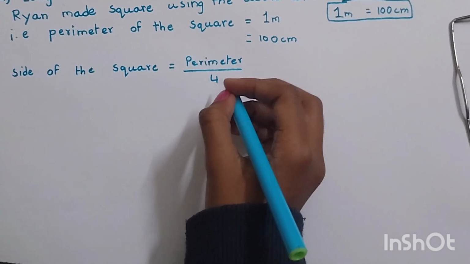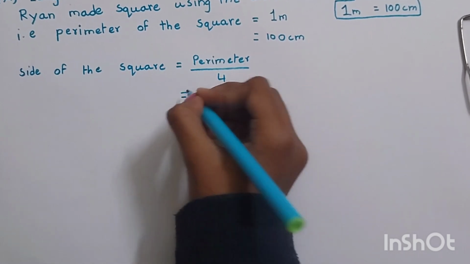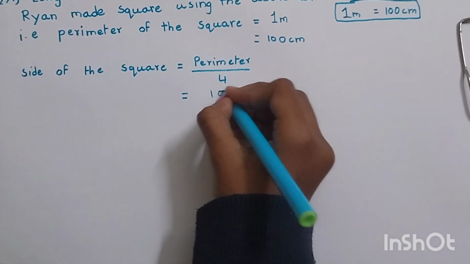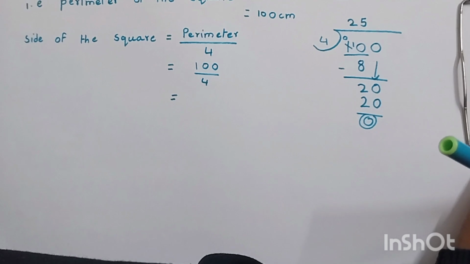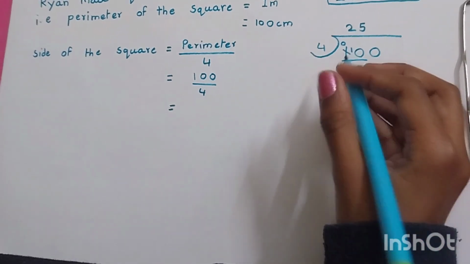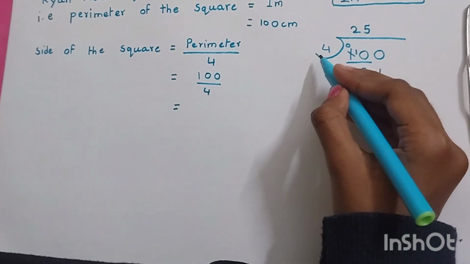What is the perimeter value? 100. So 100 by 4. Do the calculation. I did the division on the side, so I wrote 100 by 4.